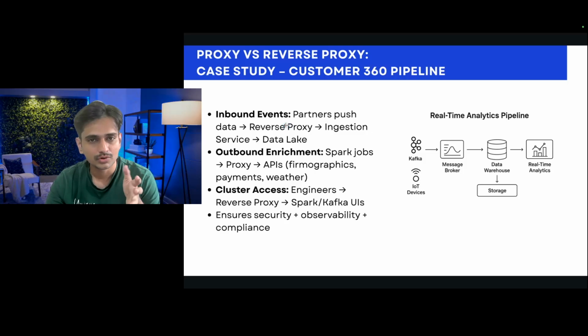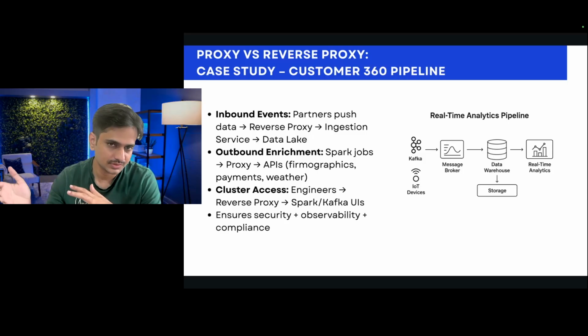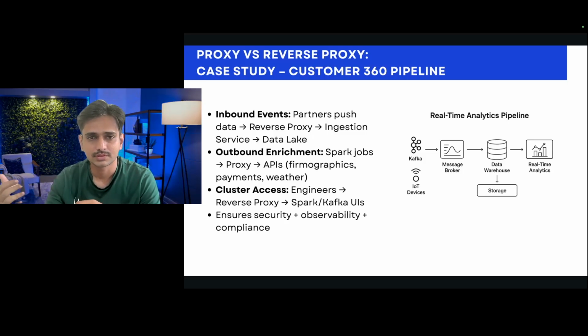Talk about the outbound jobs, where your Spark jobs call a third-party API. Okay, and after doing certain enrichment, it might be a push or a pull from a third-party API, it doesn't matter, but ultimately the data is going out of your system. These calls go through a forward proxy, which logs all the outbound traffic, caches repeated API responses, and enforces certain compliance.